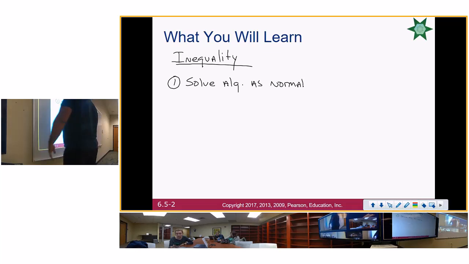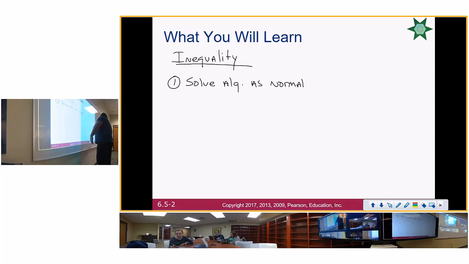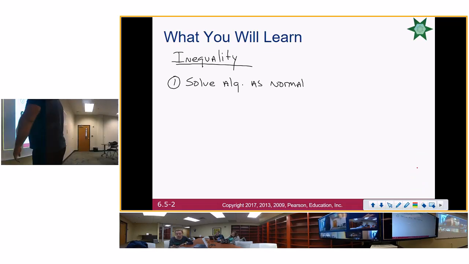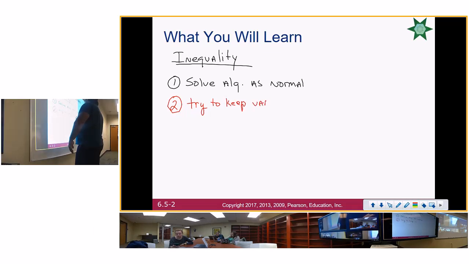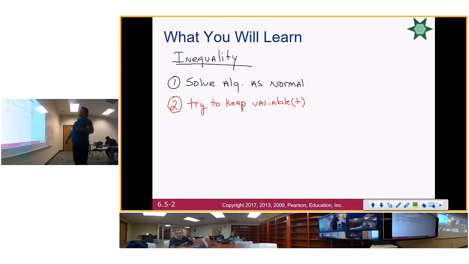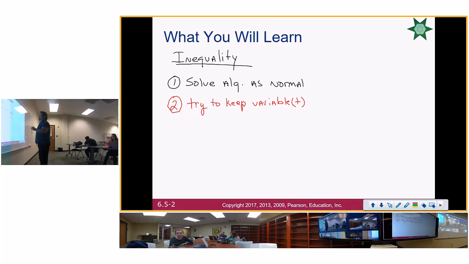I do want to add something, and we'll add this in red, which means try to make it important. Try to keep the variable positive. Now, the stubborn folks that don't keep the variable positive, they're going to have a problem.